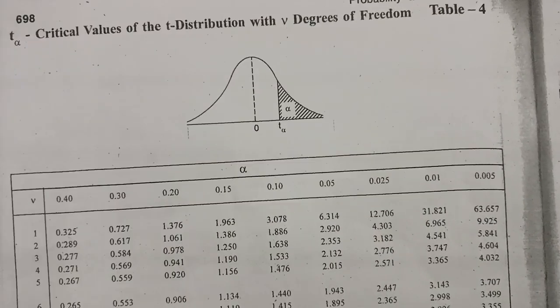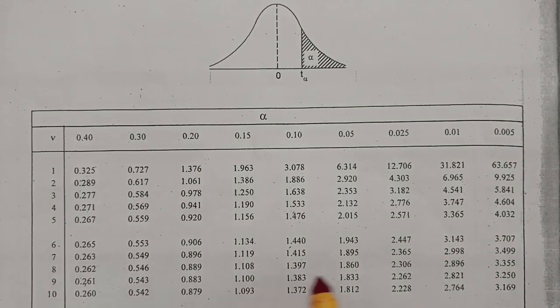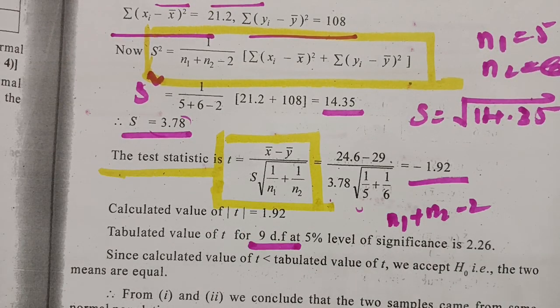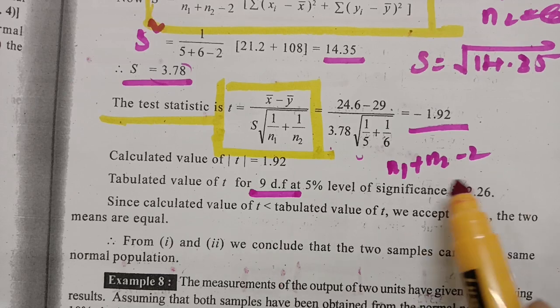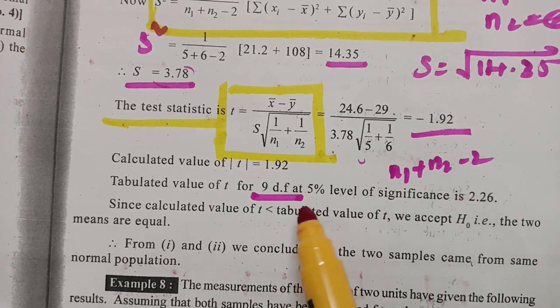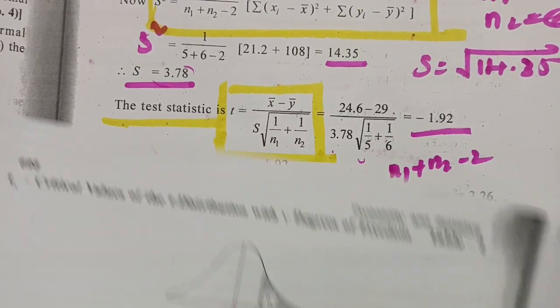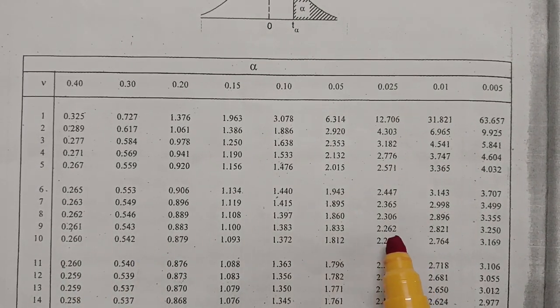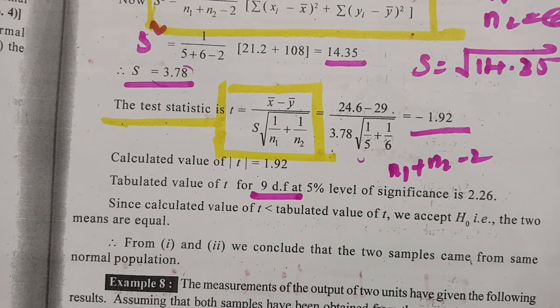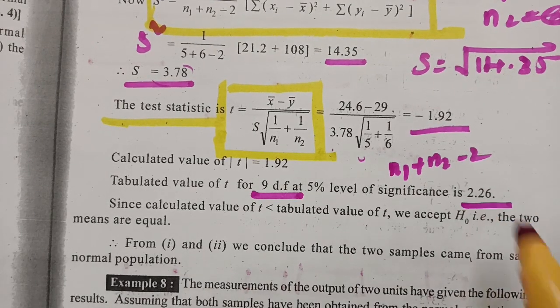For the T distribution table, this is 9 at 0.05. So at 9 degrees of freedom, at 5% level, this is 2.262. The value here is 2.26.